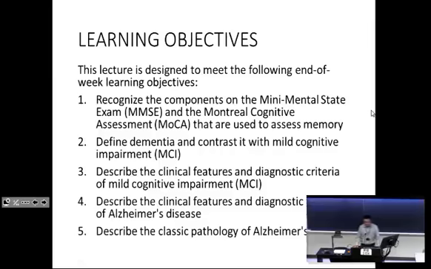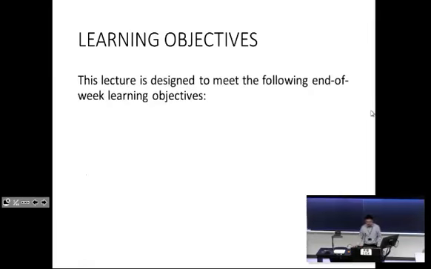Then we're going to talk a little bit about the classic pathology of Alzheimer's disease. We're going to cap off, and revisit this again in the third lecture as well, with some things about the treatment of Alzheimer's and dementia more generally, limited though those options might be.